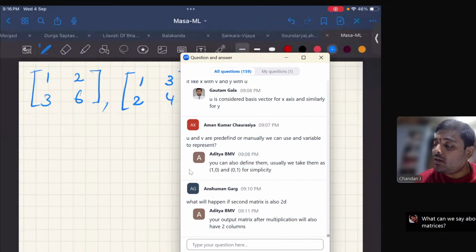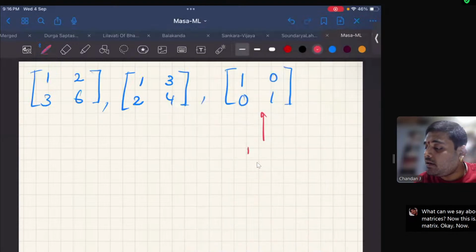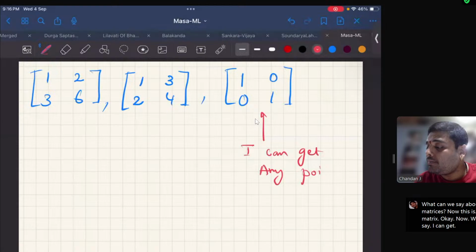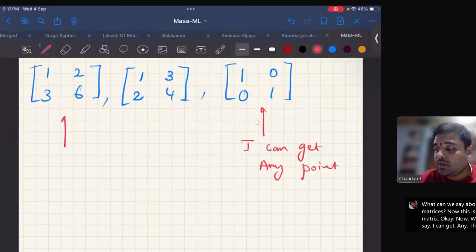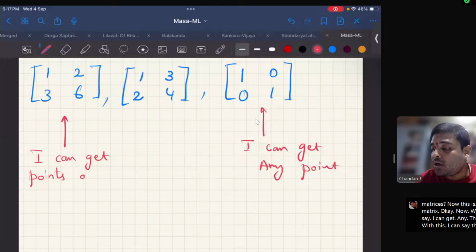Now, this is a known matrix. With this, I can say I can get any point. With this, I can say that I can get points on vector (1, 3).